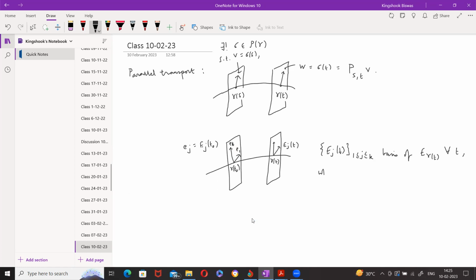So this is where capital E_j is a basis of the space of parallel sections P_gamma.